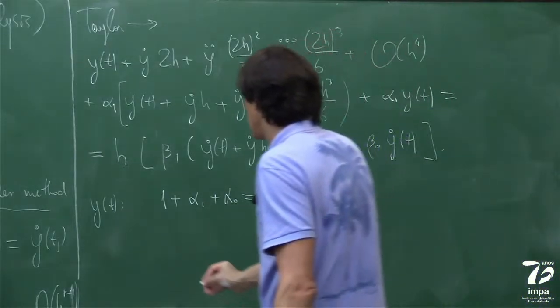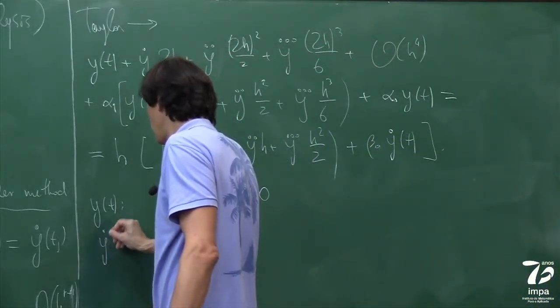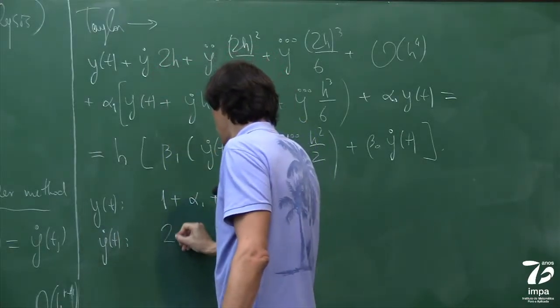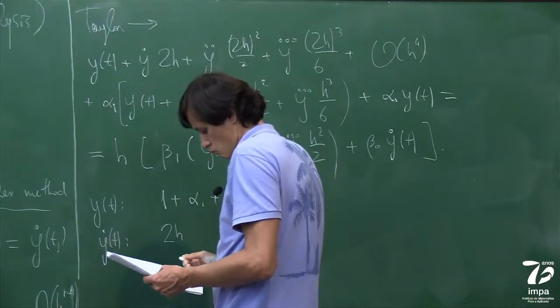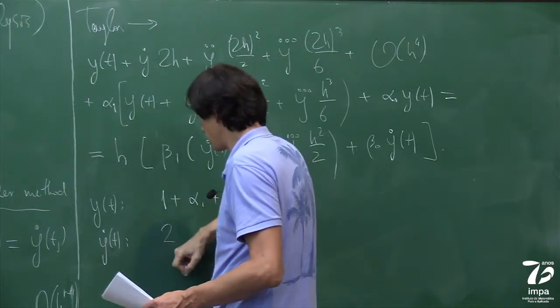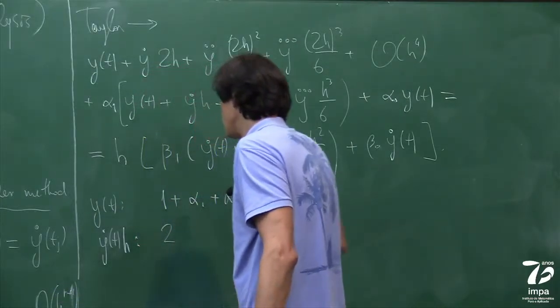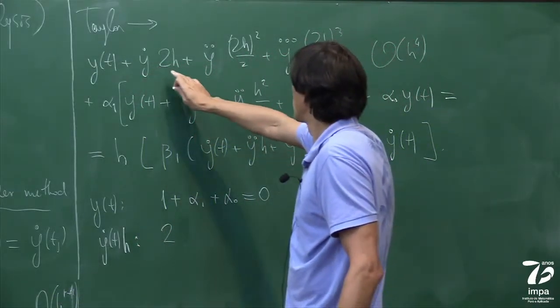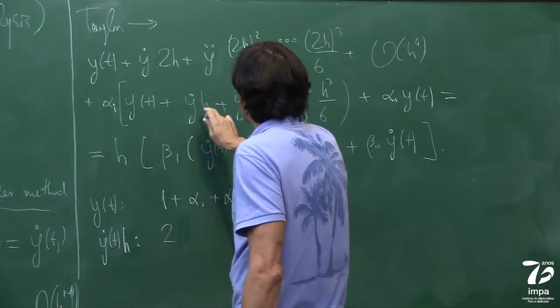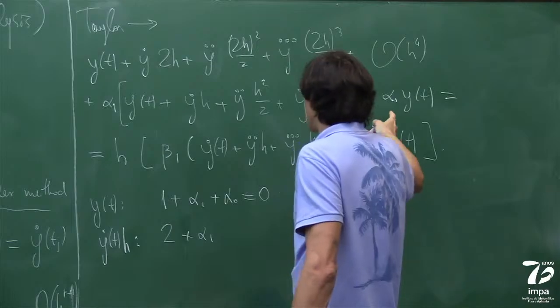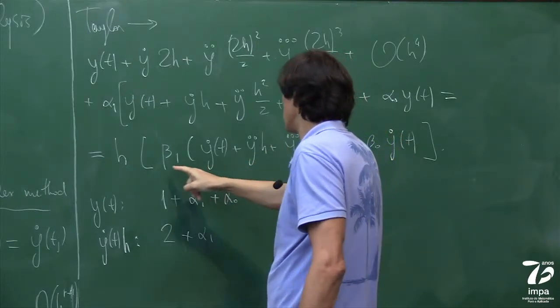Then the terms that multiply y dot, without h: it's 2 here, then alpha 1 from here. There is nothing else, and here it's beta 1.